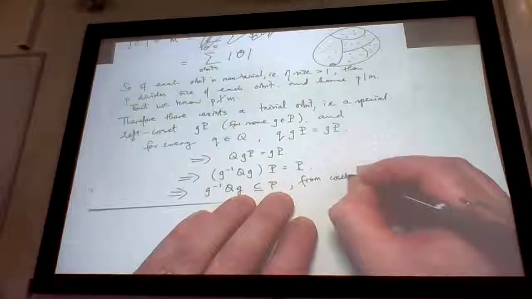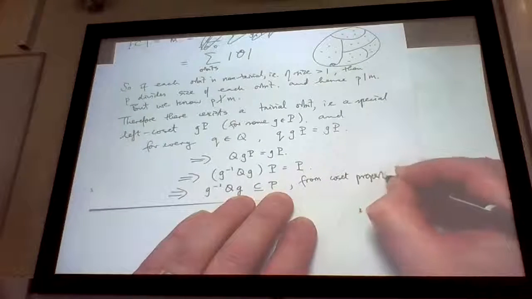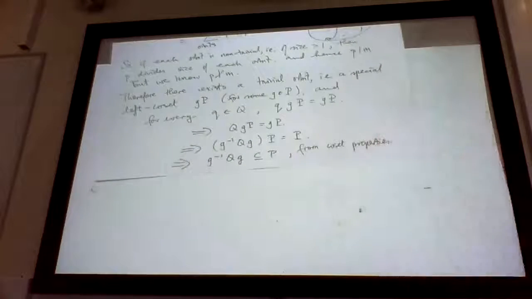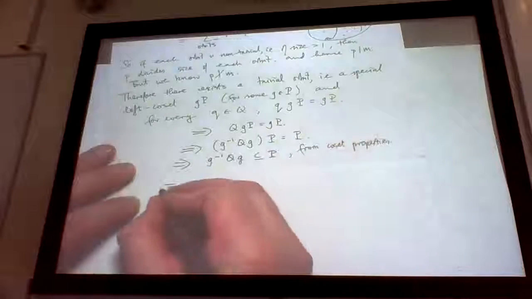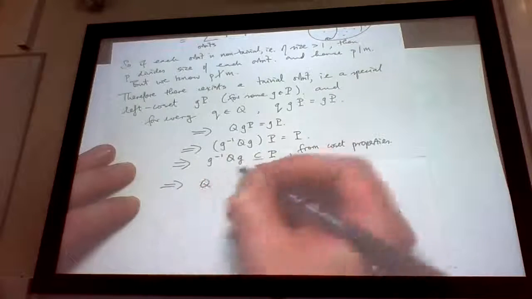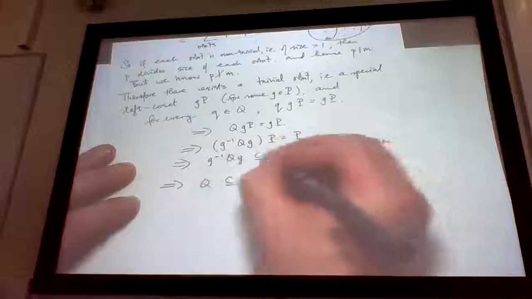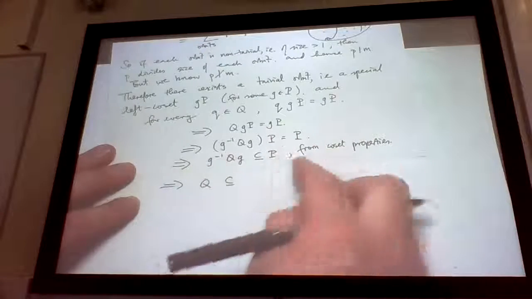On coset properties. And then, just for the purposes of getting the result we want, we stick the conjugate on the P, so left and right multiply by g and g inverse.